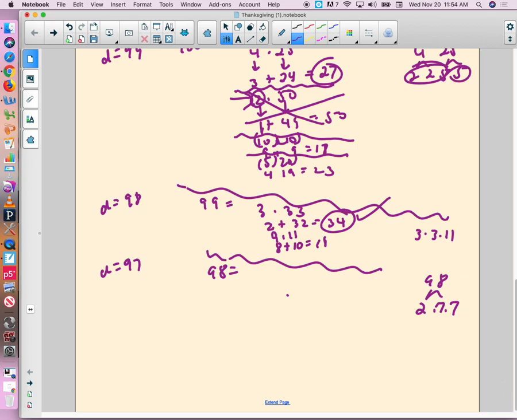The only integral factors of this are 7 and 14, which knocks me down to 6 and 13, which is 19. For the 99, did I miss a 99? Well, you said 2 plus 32 is 34, but you can't use 2. Oh, I used 3, which knocked me down to base 2.